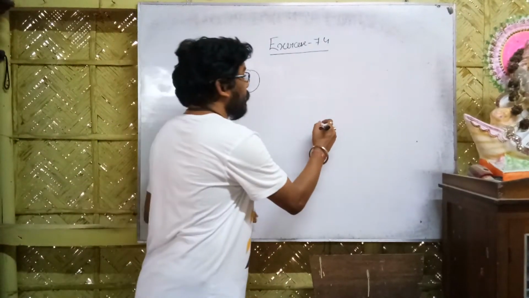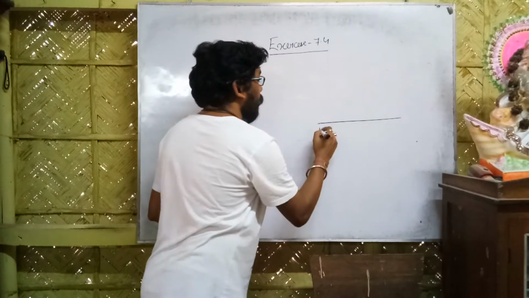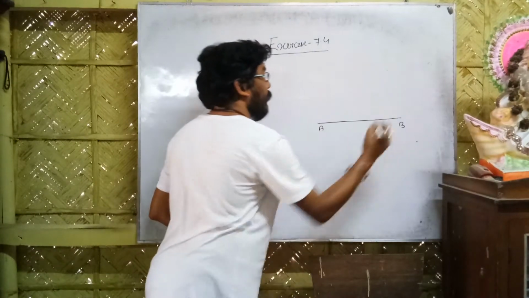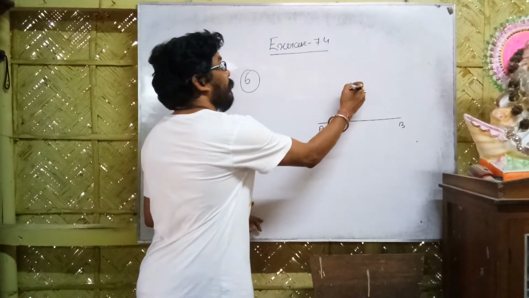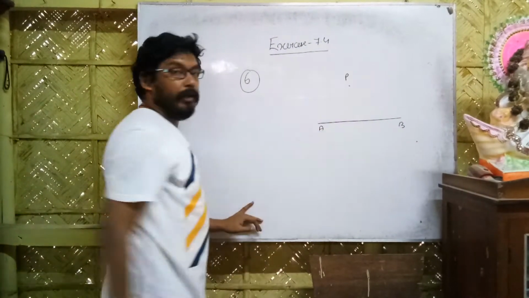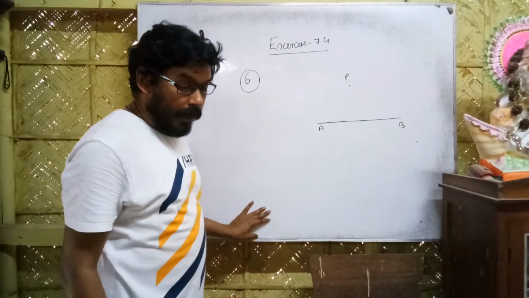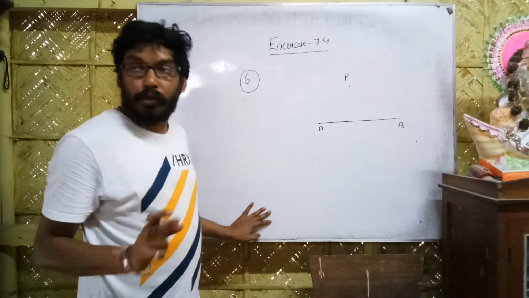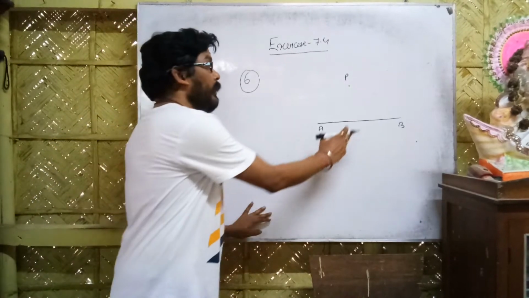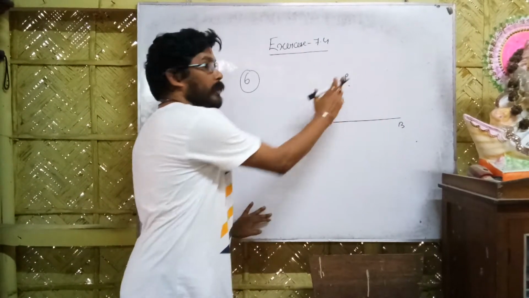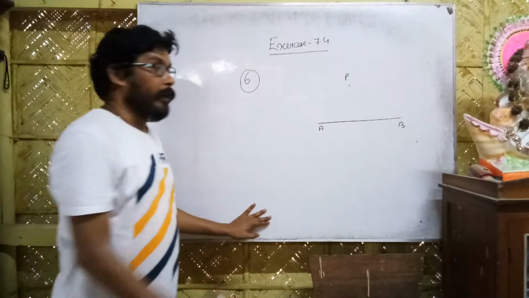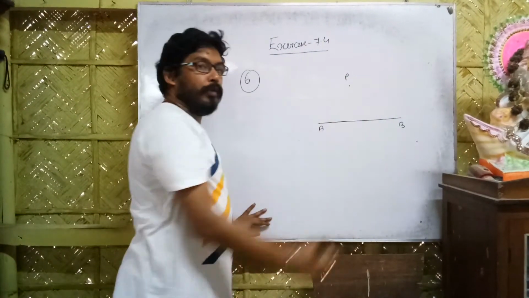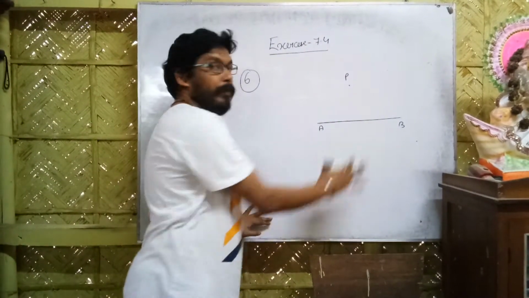Suppose AB is a line segment. You are taking a point P not lying on AB. In the question they have said, from a given point not on it. This means the point P lies outside AB. So from P you can draw many lines on AB.